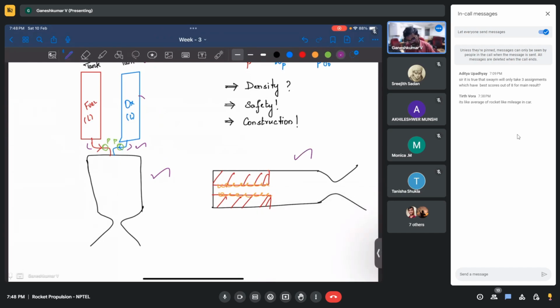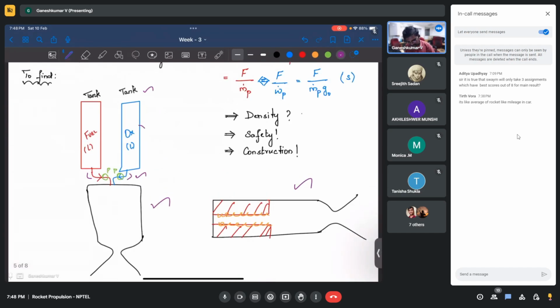But the important thing is density. Why are we interested in density? There is more fuel and less volume for solid. For the same mass, you don't want your rocket to be very big.